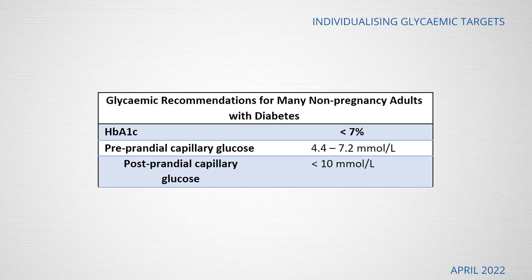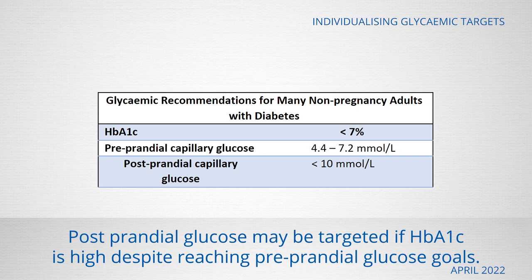Ideal preprandial capillary glucose values for many young, non-pregnant individuals are between 4.4 and 7.2 millimoles per litre. Postprandial glucose may be targeted if HbA1c is high, despite reaching preprandial glucose goals.